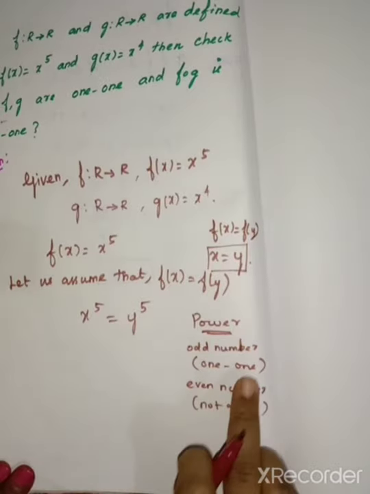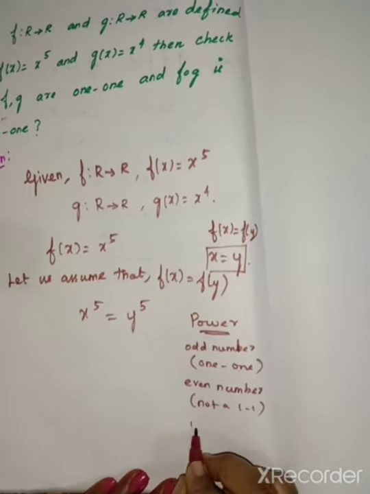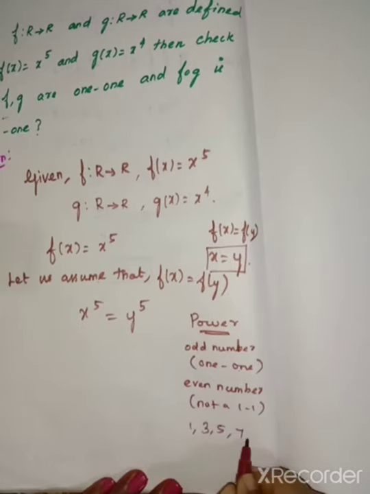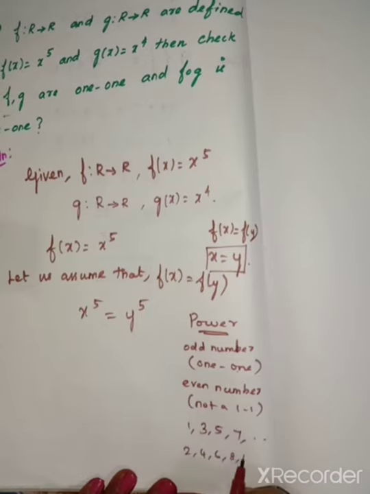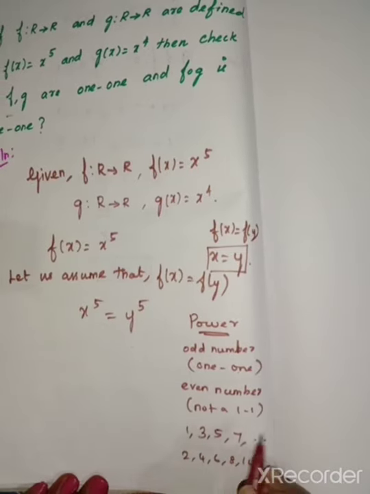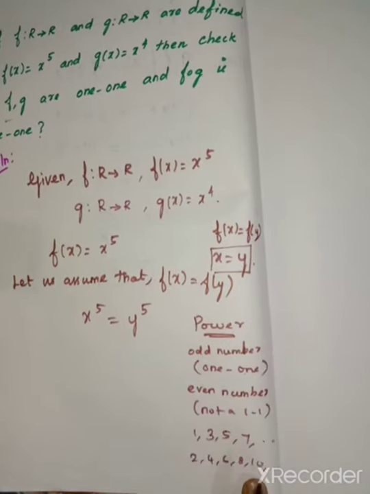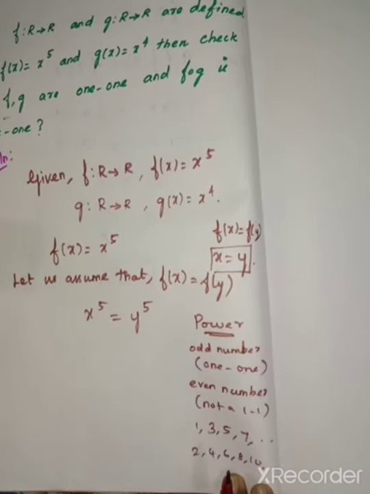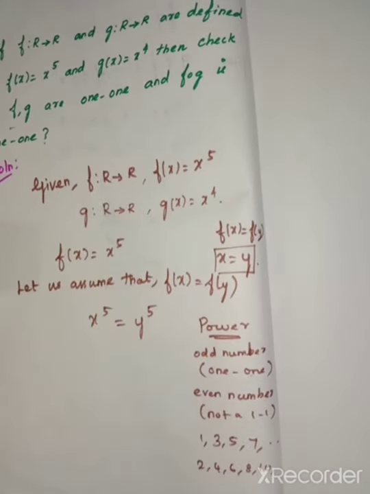What are odd numbers and even numbers? Odd numbers are 1, 3, 5, 7, etc. Even numbers are 2, 4, 6, 8, 10, etc. These are the differences. If you multiply by 2, that is an even number. Other than multiples of 2, we get odd numbers. So here 5 is considered as what?